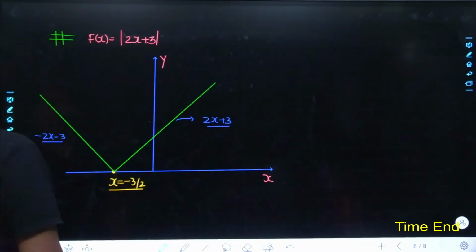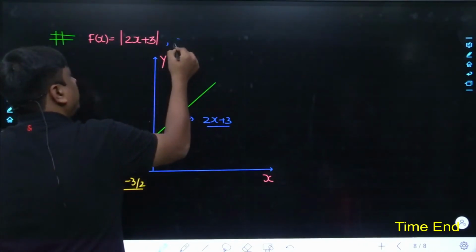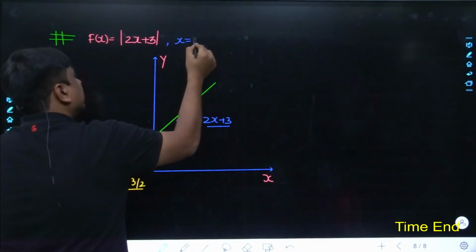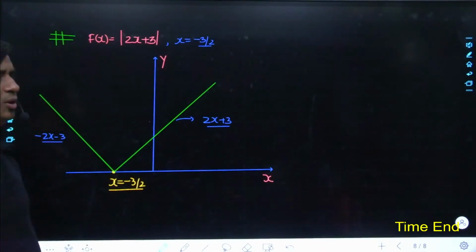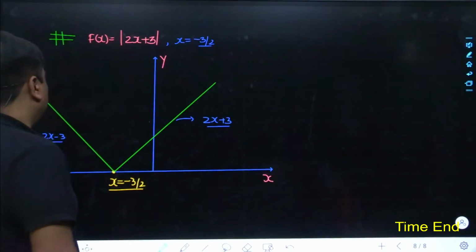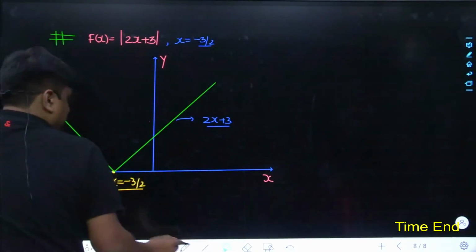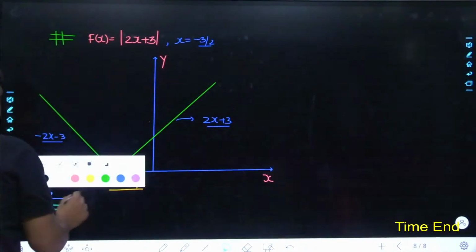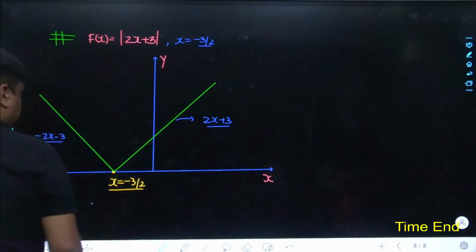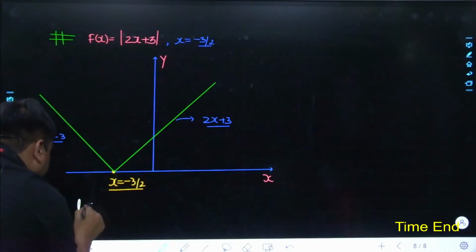If I say my point of interest is at minus 3 by 2, tell me about the behavior of this function: whether the limit exists or not, whether it is continuous or not, whether it is differentiable or not. Yes, the limit does exist, no doubt.